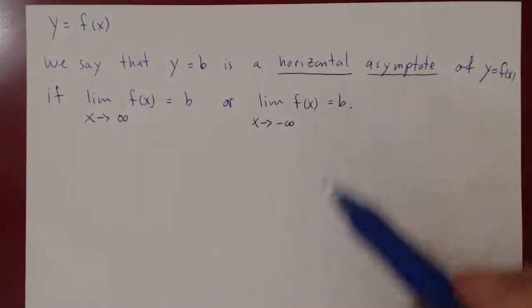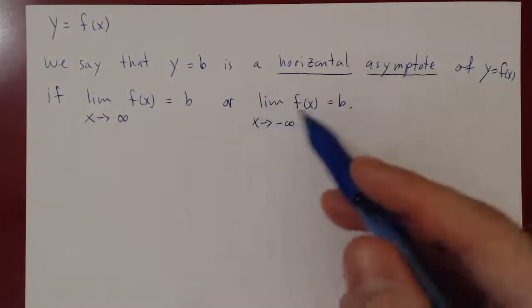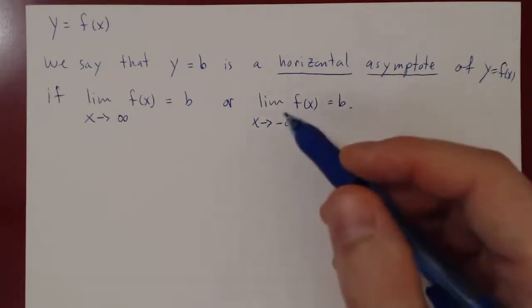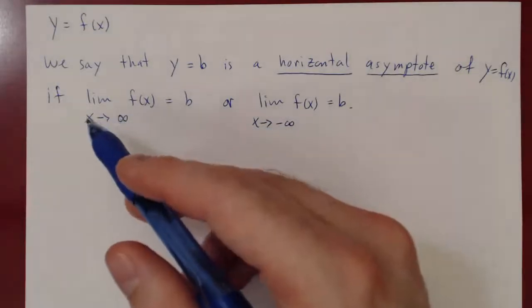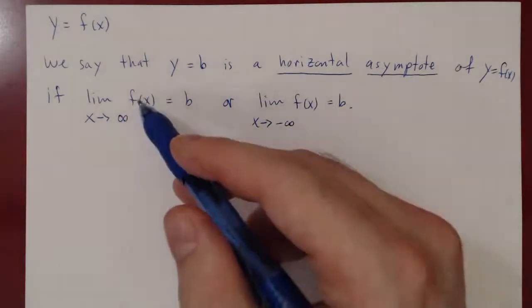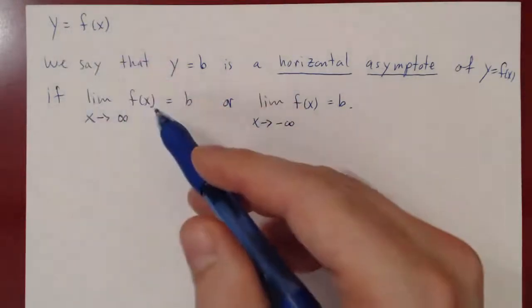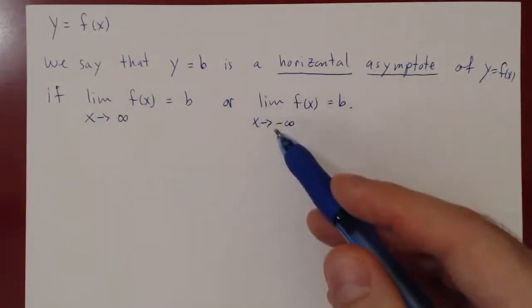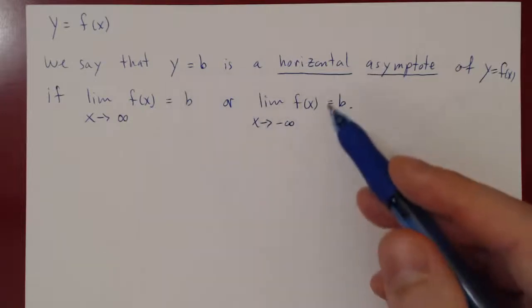Let's consider a few examples and see graphically what a horizontal asymptote represents. Quite simply, it says that as x either approaches positive or negative infinity, the y values of the graph will become closer and closer either from the right or from the left to the y value of b.